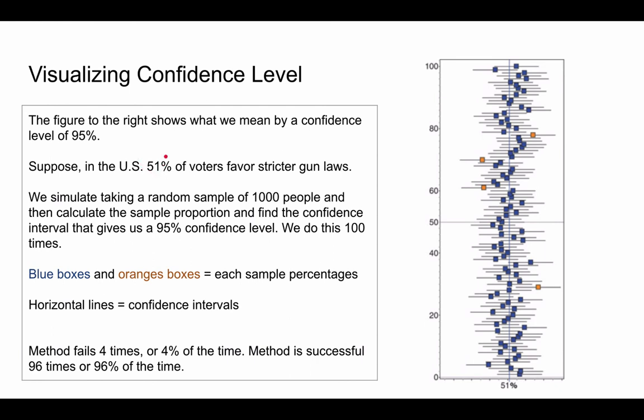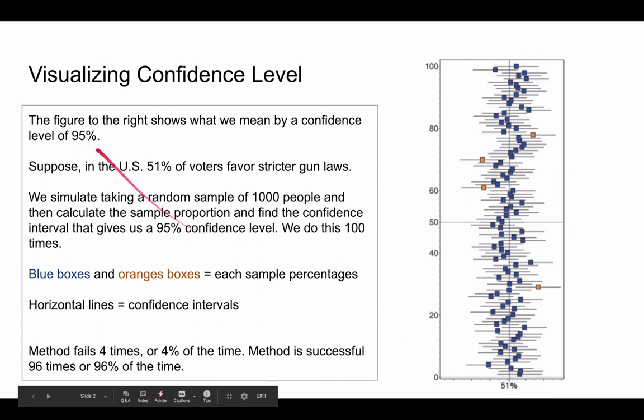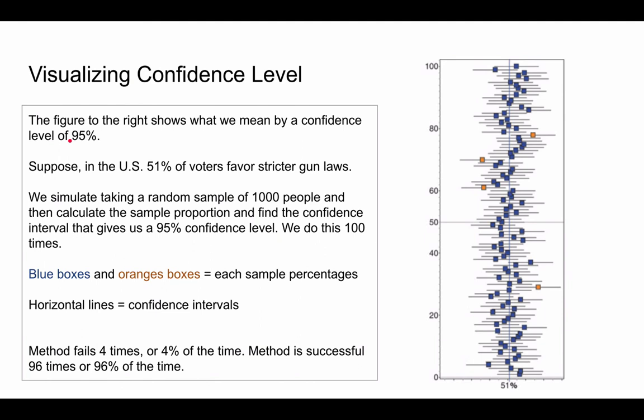About 5% of the time, maybe a little closer to that, like 4%, we're going to get a confidence interval that does not capture the true numerical value. So that's what we mean when we say we're 95% confident that our method is going to capture the true population percentage of 51%.